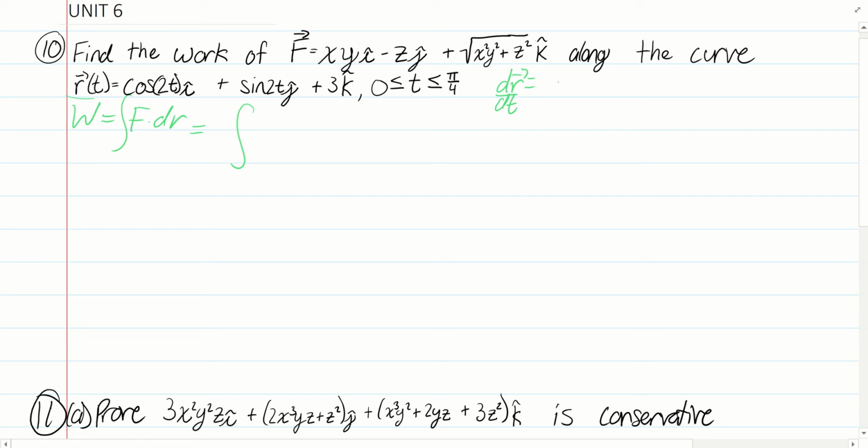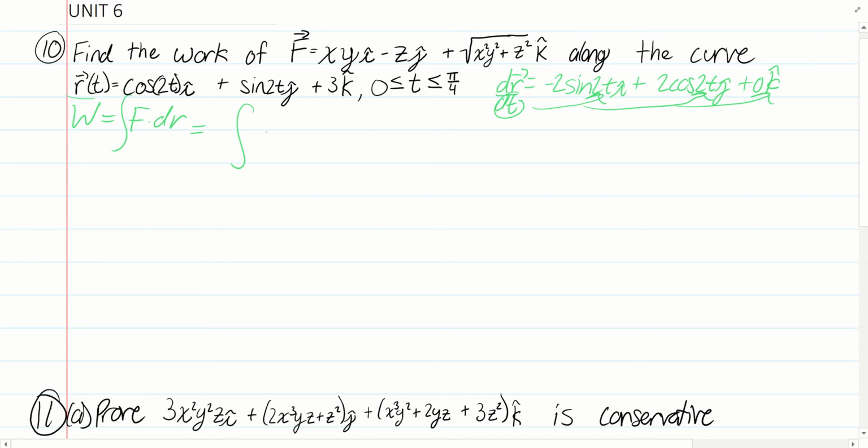So we'll have negative 2 sine 2t i plus 2 cosine 2t j plus 0k. Move the dt's over. And then we can do f dot dr. So we need to substitute.